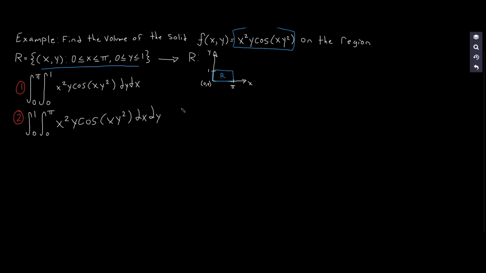Because if it's integration with respect to y, and I want to look at what's on the inside of cosine, the trigonometric function kind of becomes a focal point. If I set u to be x times y squared, then when I take the derivative to get my du, I'm going to take the derivative of y squared and treat x as a constant, so that gets factored out.